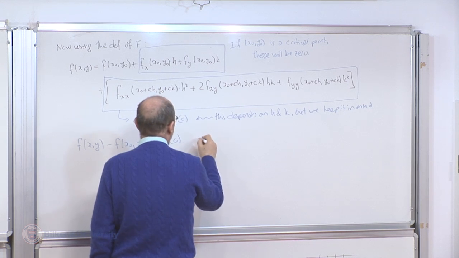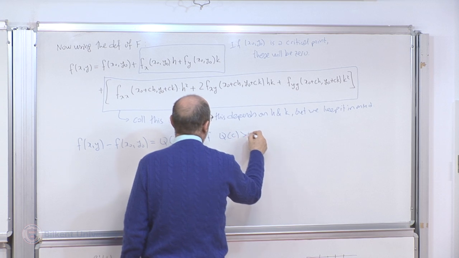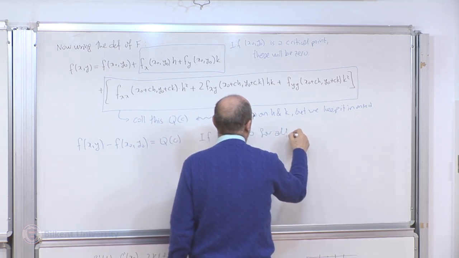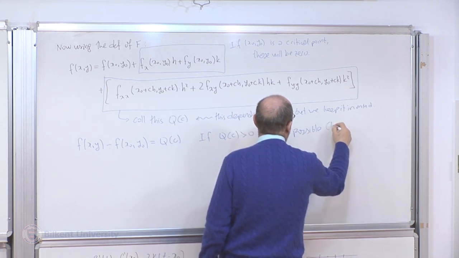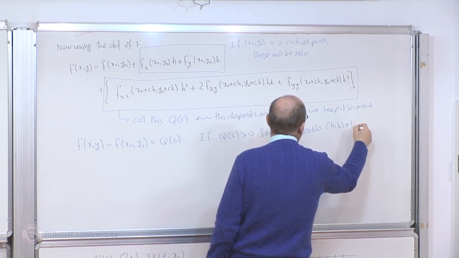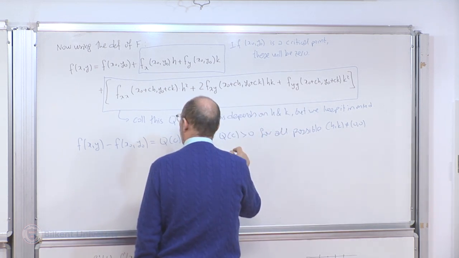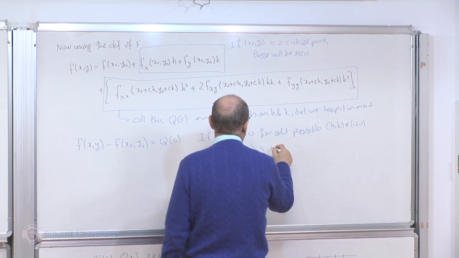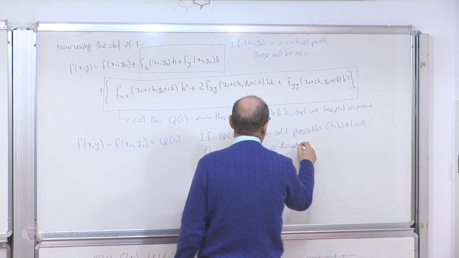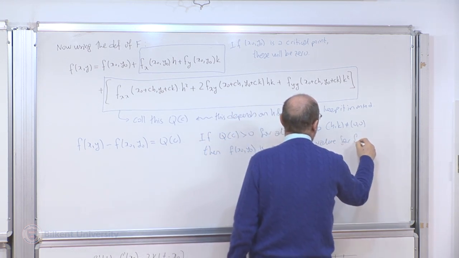So let me make a remark of this. If Q_C is positive for all possible h and k, but of course I don't want 0, 0, then f(x sub 0, y sub 0) is a local minimum value for f.